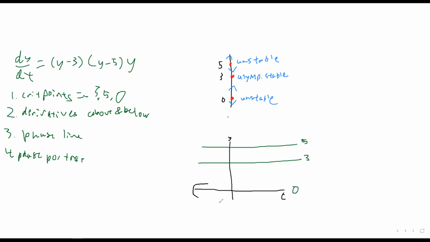If you have an unstable critical point, your asymptote is in the past. So you start with an asymptote from the past that leaves 0 quickly, more quickly over time.